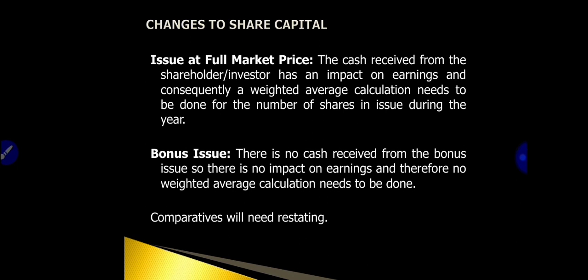Let us look at the effect on EPS of changes in the capital structure. You should know how to calculate the basic earnings per share and how to deal with the related complications. That is all about the issue of shares for cash, bonus issues, and the rights issues. Now, the calculation of basic earnings per share is more complex whenever you have new shares that have been issued during the financial years.